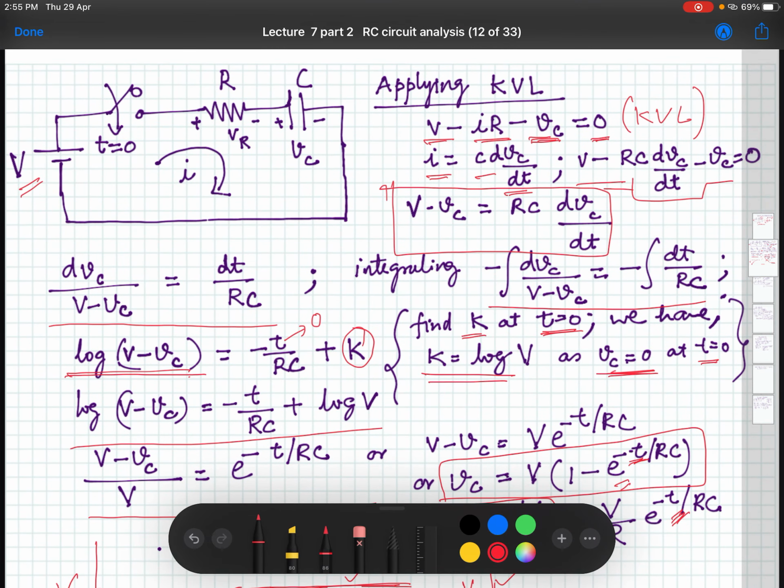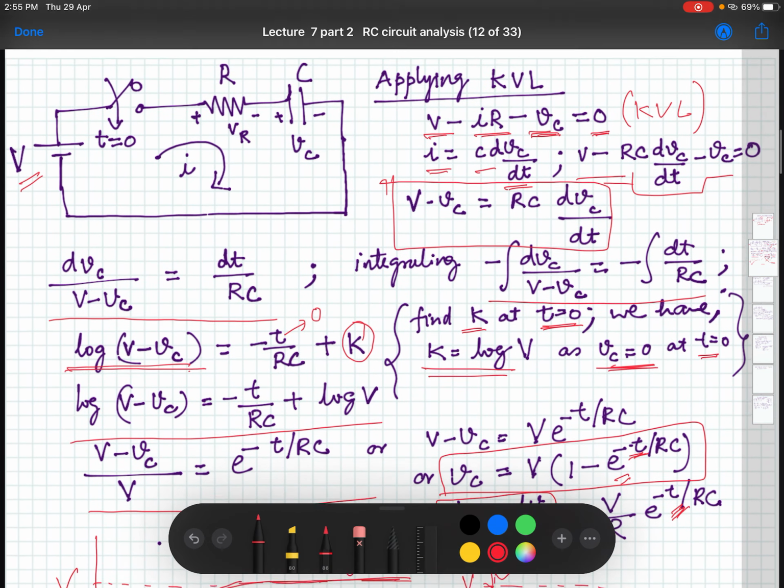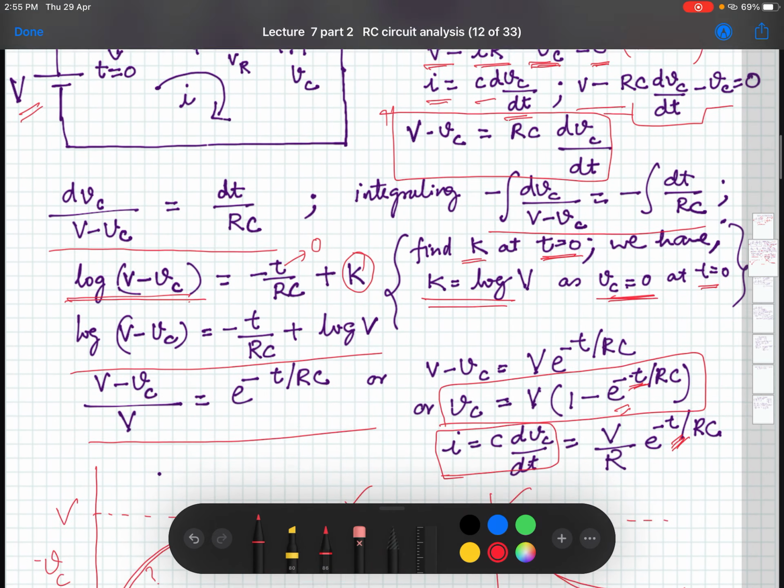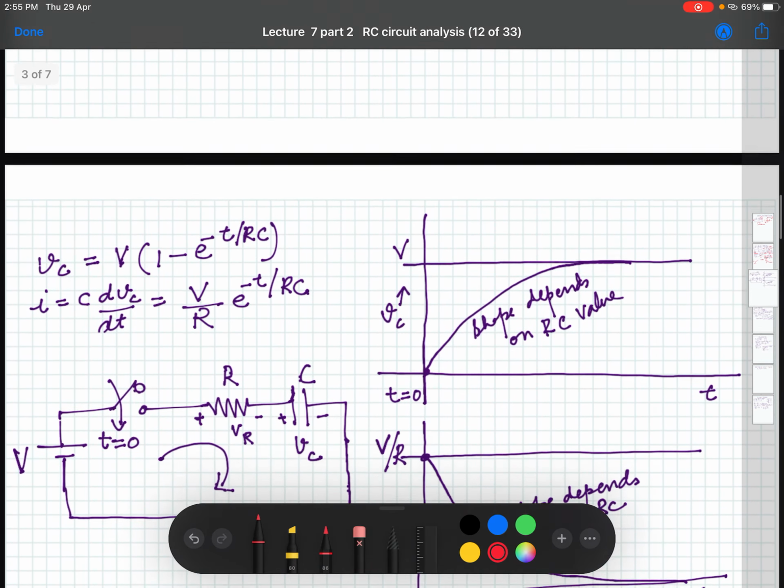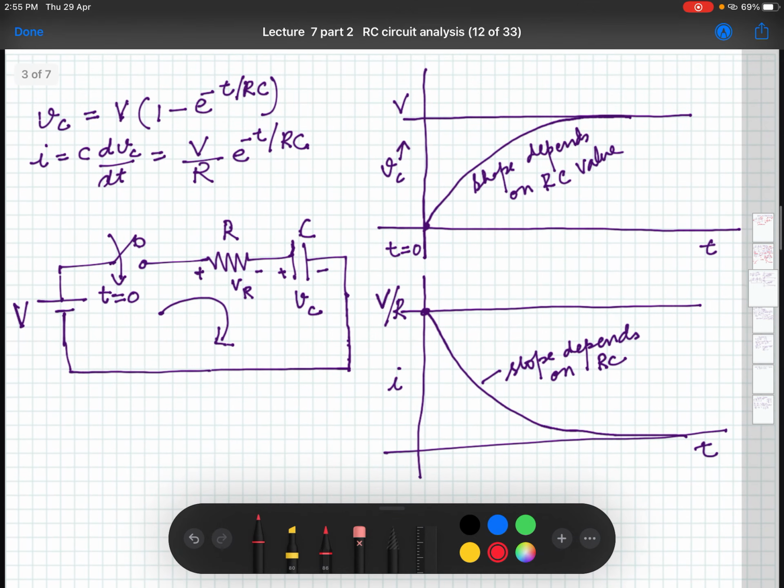Okay, then. So this is how we can apply mathematical analysis to an RC circuit and get the values of voltages and currents. Now if you see here, this was Vc and this we got, and if you see the value of Vc, the rise, the slope actually depends on the value of RC. Okay, t is actually time, and the time it takes to reach that value V depends on the value of RC.